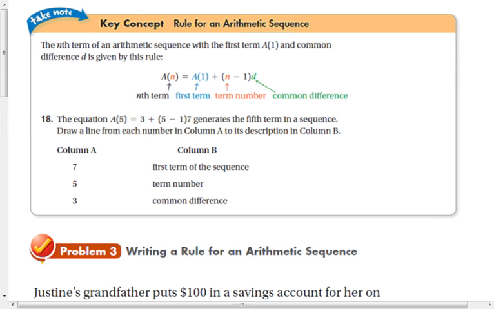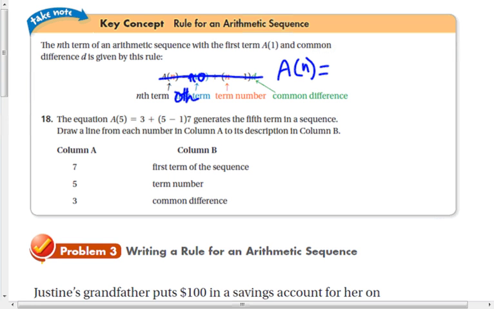All right, a rule for arithmetic sequence. Pay close attention here because I'm going to change that. For the Minnesota State standards, we don't use this rule for arithmetic sequence. We use the 0th term. So a sub 0 here. Let me just rewrite this.